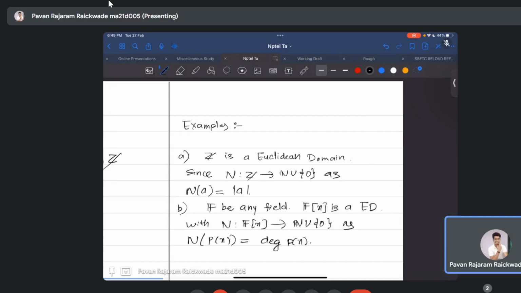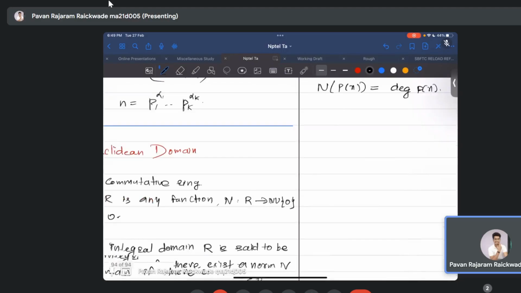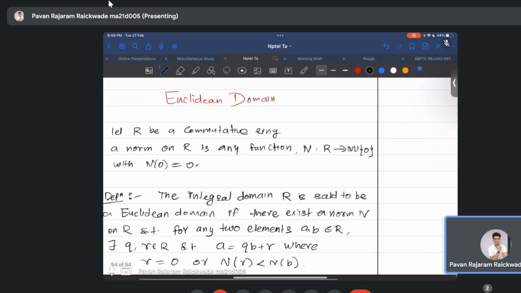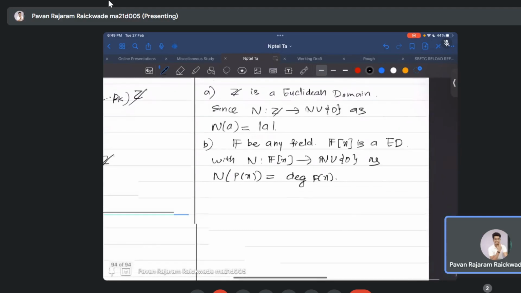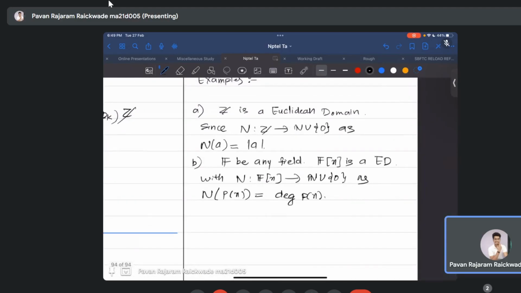Again, by the whole division algorithm in polynomials, you get this nice division property, and the norm condition follows: the degree of the remainder is less than the degree of the divisor. So these are some examples of Euclidean domains.